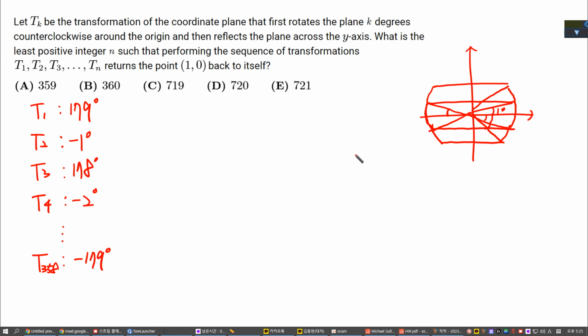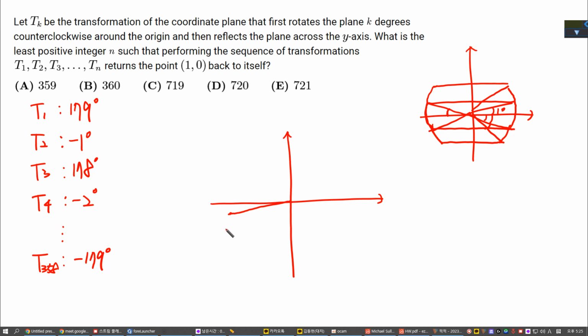So if we think of the position of minus 179 degrees, it's here, because it's a clockwise rotation of 179 degrees.